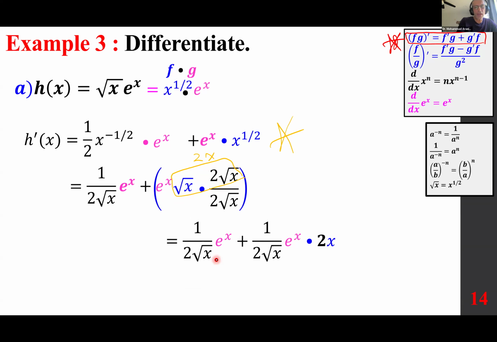So if we factor this piece out, this one gives us 1, this one gives us 2x, and the final answer, h prime of x, is 1 over 2 square root of x, e to the power of x, times 1 plus 2x. This is the final answer, everybody.